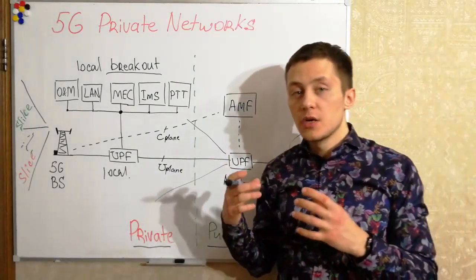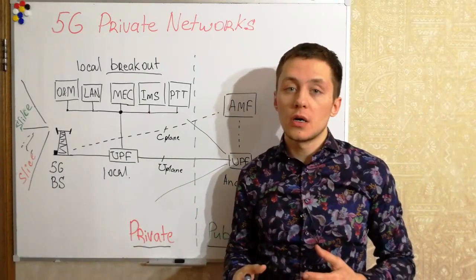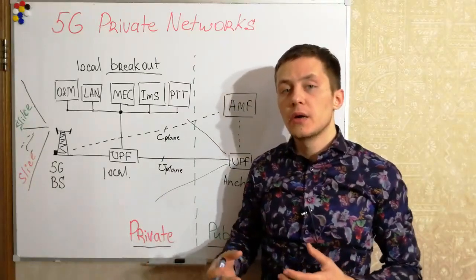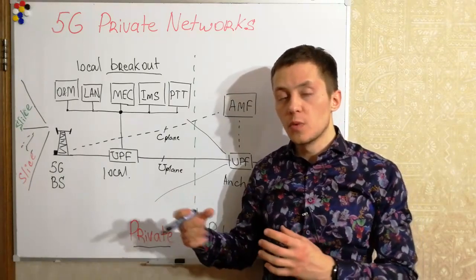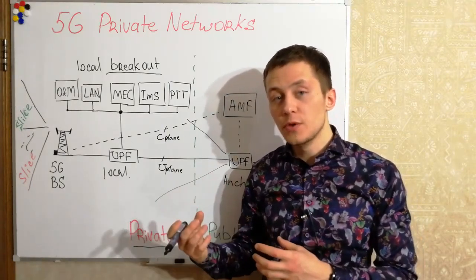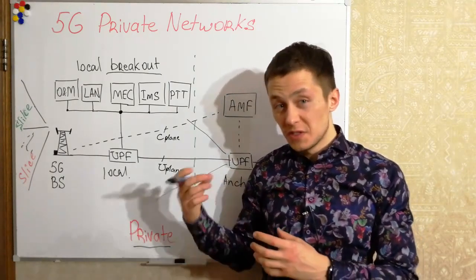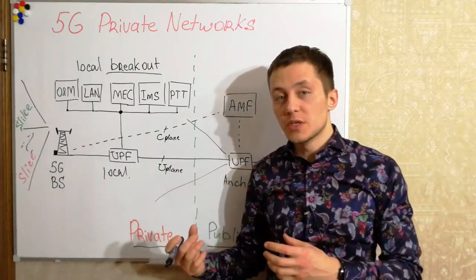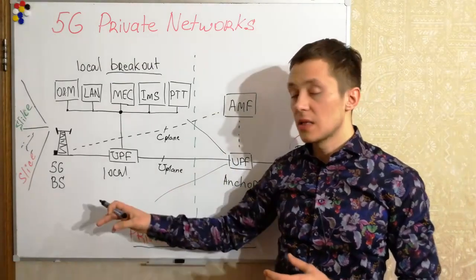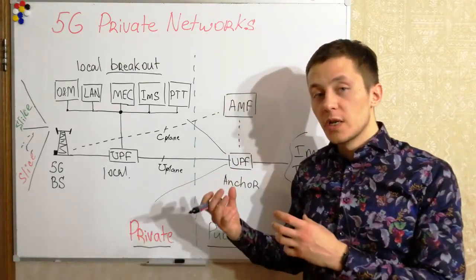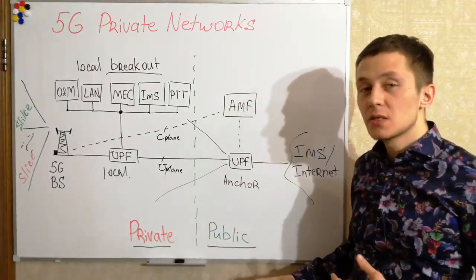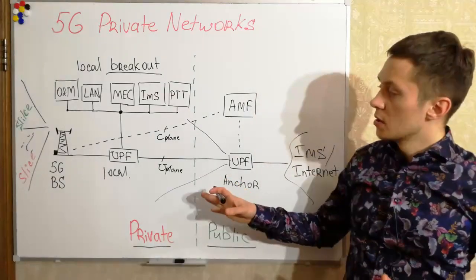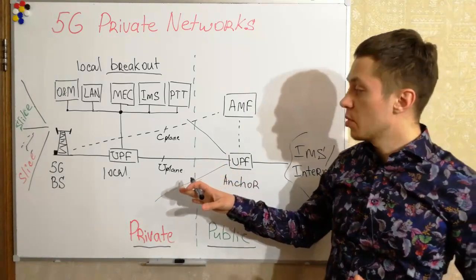It means that users can use, for example, the same devices, but when the user requests specific private services, it can be served by the private slice. When it comes to public services, the opposite way. So this is one of the examples.